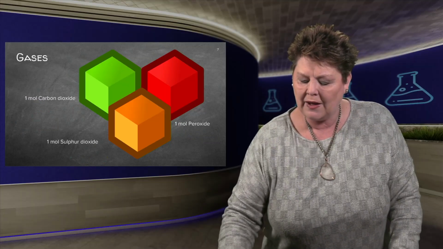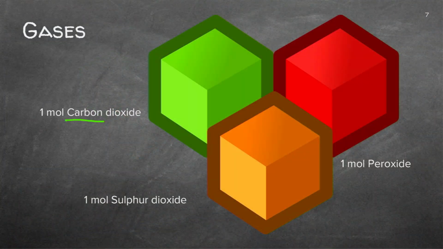Let's have a look at a few other gases. I've got carbon dioxide. Carbon dioxide, a compound, that's not the problem. It's the 1 mole that will give you the 22.4 cubic decimeters.